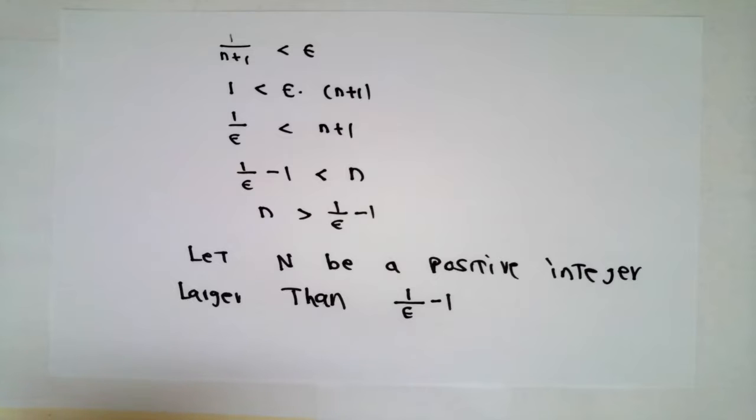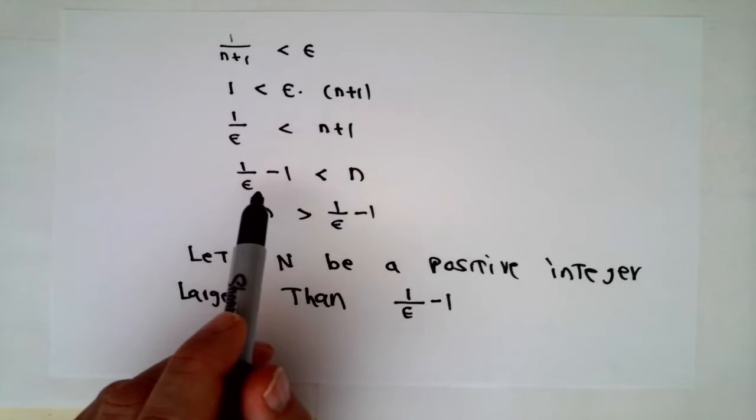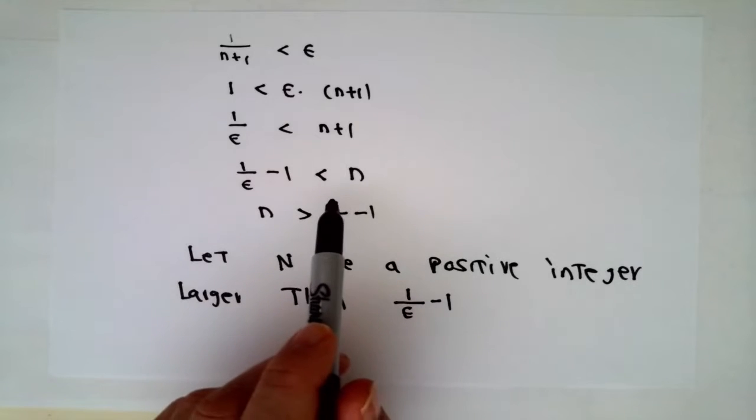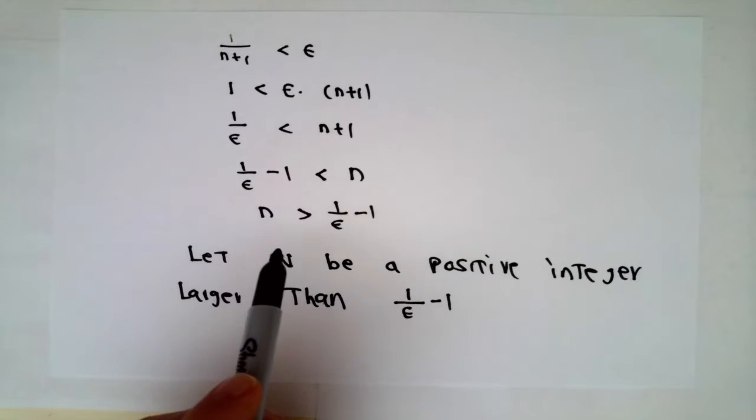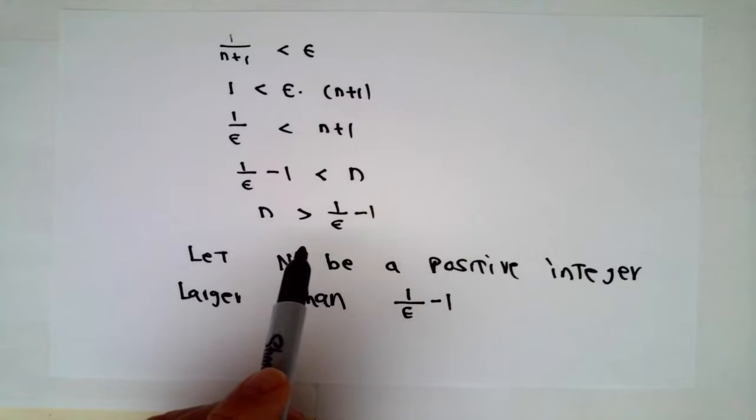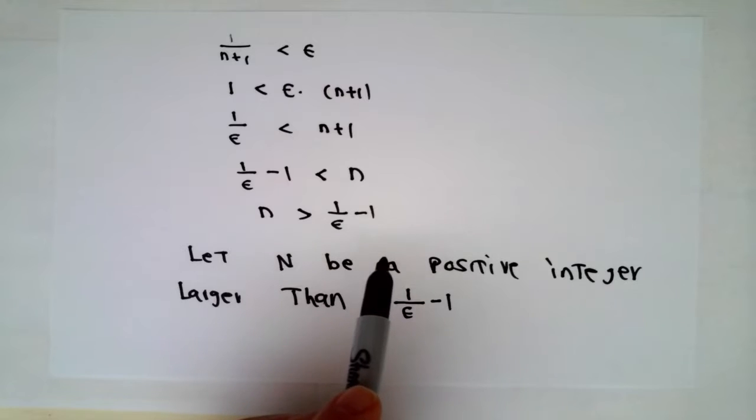What I want to be true is going to be true when 1 over epsilon minus 1 is less than the index on my sequence term. That is to say, when the index is bigger than 1 over epsilon minus 1.